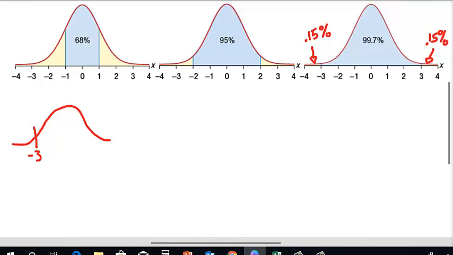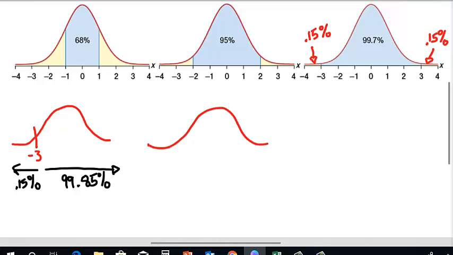Okay, so to the left of -3 would be 0.15%. And then to the right is going to be that 99.7% plus the 0.15%, which would give me 99.85%.